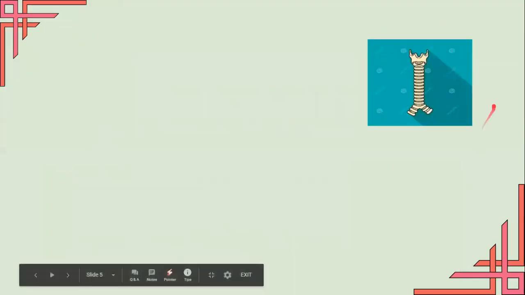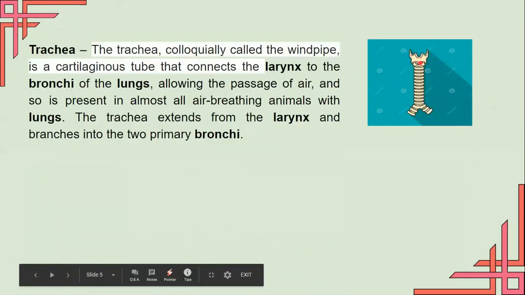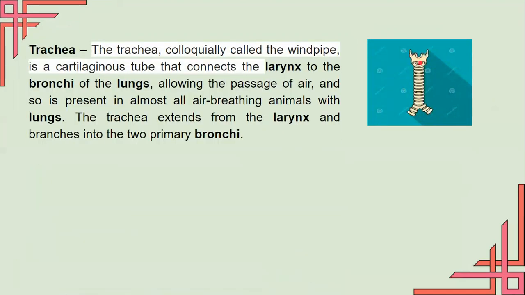Now let's go to the next part. And this is the... Yes, you did it right. It's trachea. The trachea, colloquially called the windpipe, is a cartilaginous tube that connects the larynx to the bronchi of the lungs, allowing the passage of air.